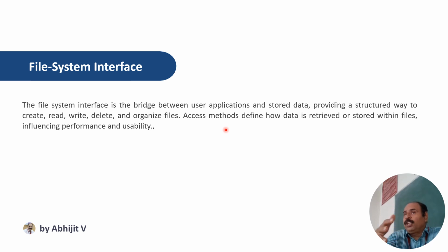Access methods define how data is retrieved or stored within files, influencing performance and usability. We'll see the different access methods, how you are able to access and use the files.